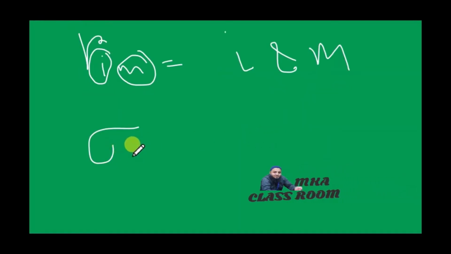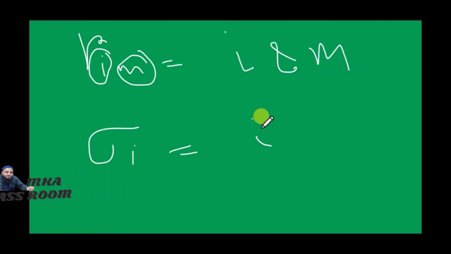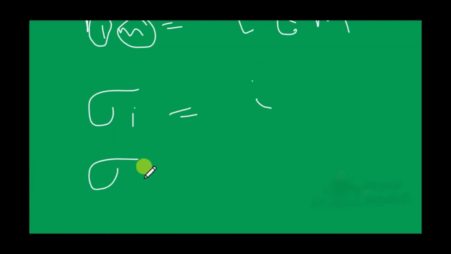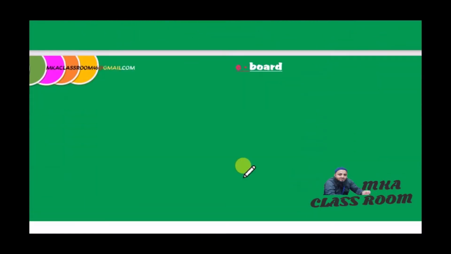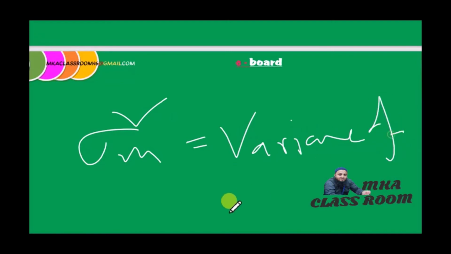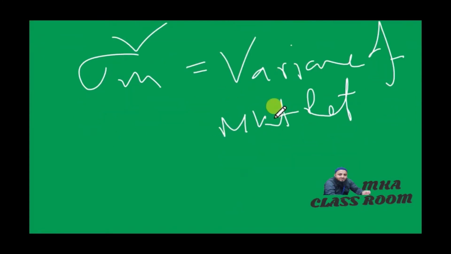After that we will see sigma I, the standard deviation of stock I. Then sigma M, the standard deviation of return of the market index, and this is the variance of market return.